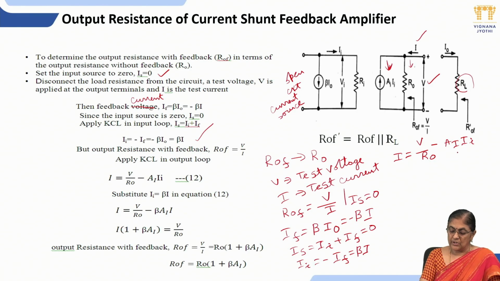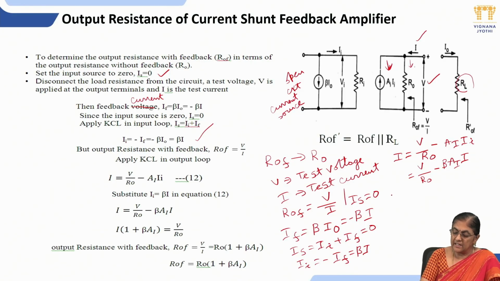Okay. Now substitute II is equal to beta I in this expression. Then this expression becomes V by R0 minus beta AI into I. Okay. So take this beta AI into left hand side. Then you will get I into 1 plus beta AI is equal to V by R0.